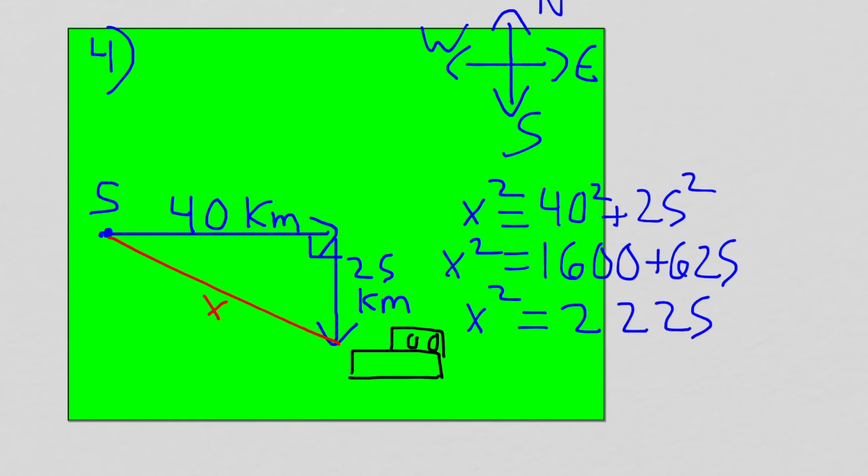Now we need to take the square root of both sides of this math equation to figure out the value of x. X is going to be approximate because this is not a perfect square, and the square root of 2,225 is 47.16. So we would round that to 47 and 2/10 kilometers.